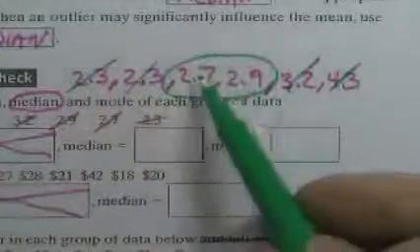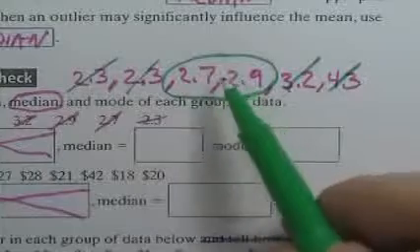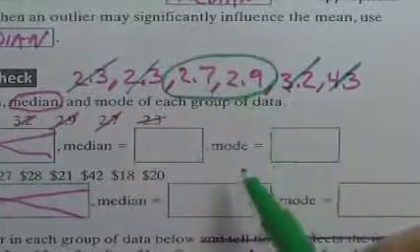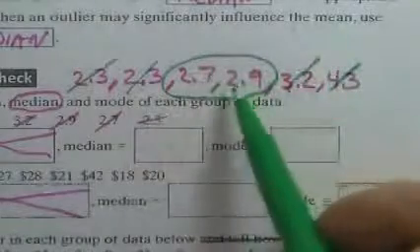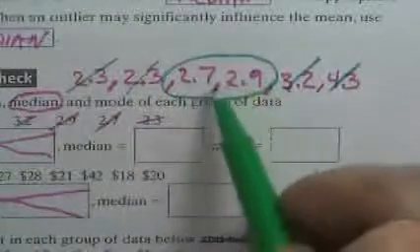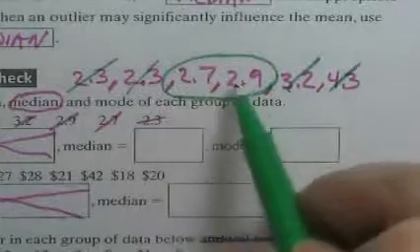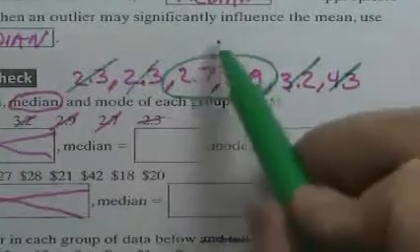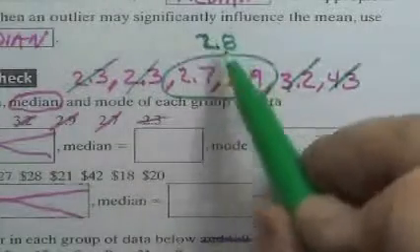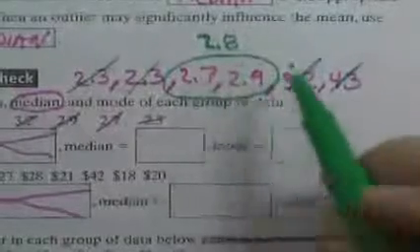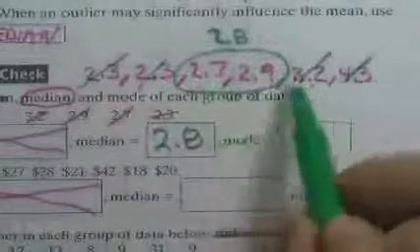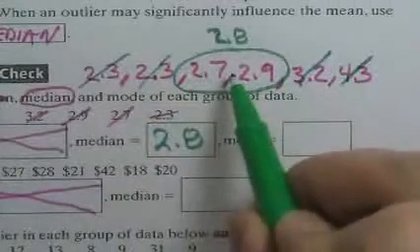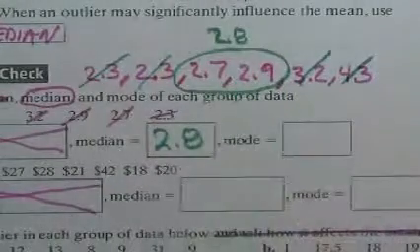We have two numbers, and we need the very middle. It has to be between these two numbers, so I just find the average of the two. I could add them up and divide by 2, or you can just look at it. What's between 2.7 and 2.9? That's right, 2.8. So that is our middle number, 2.8. Even though you don't see the number there, that is it. The median is 2.8.